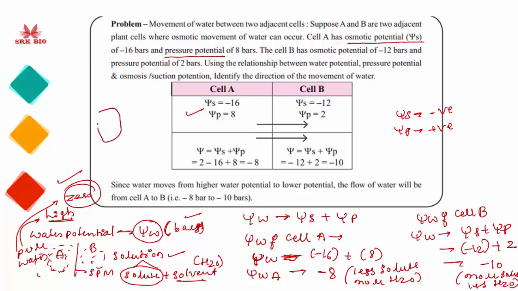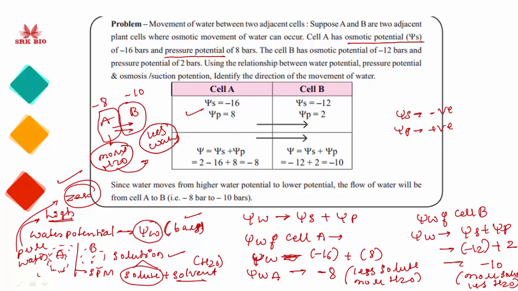If this is cell A and this is cell B, this water potential is minus 8 and that water potential is minus 10. Here cell A contains more water and less solute. Cell B contains less water and more solute. Obviously, during osmosis, the movement of water molecules occurs from higher water potential to lower water potential.